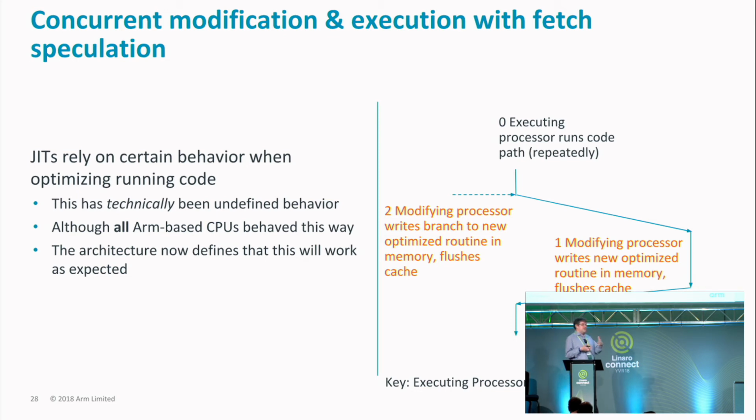This isn't a problem on any previous core, and we said this needs to be true of any new CPU produced. This is behavior we've all been expecting to work like this. But actually, there were corner cases in the ARM architecture where technically it could have been undefined behavior. And so we've cleared that up and tidied that up to make sure this works as people expect.